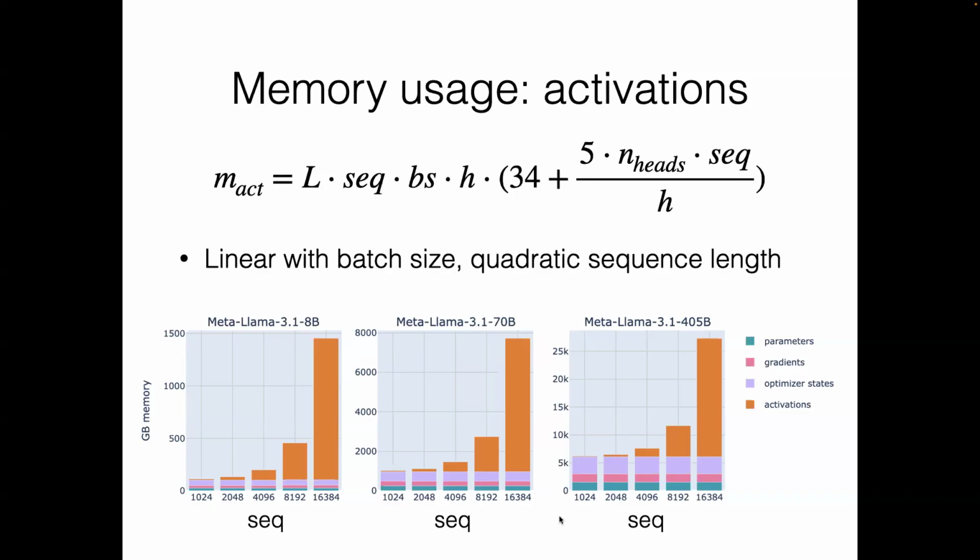It's pretty interesting here. You can see that if your sequence length is like 1,000, then activations are a relatively small proportion of memory. But if you go to a longer sequence length, you have this quadratic growth, and you can see that the key bottleneck is dealing with the memory from the activations.